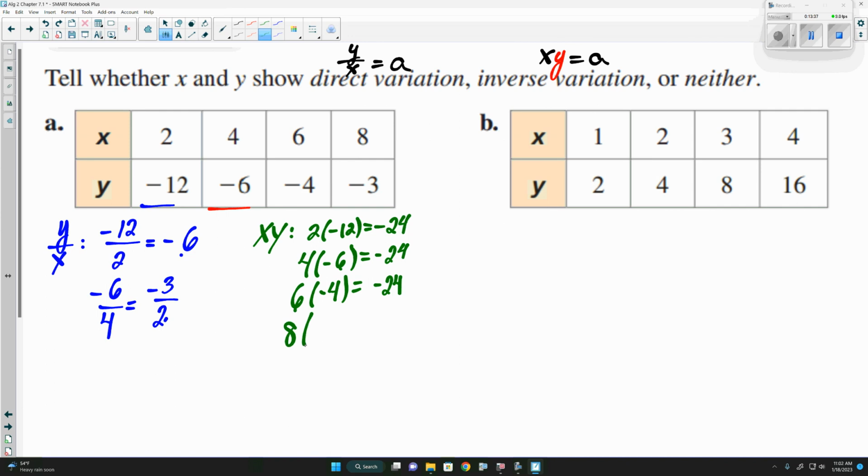And lastly, 8 times negative 3. So we multiply the x and y values together, and we got negative 24 across all of them. Since we do have this constant term, this a value that's the same for all of them, it tells us that this here is inverse, that x and y here vary inversely.